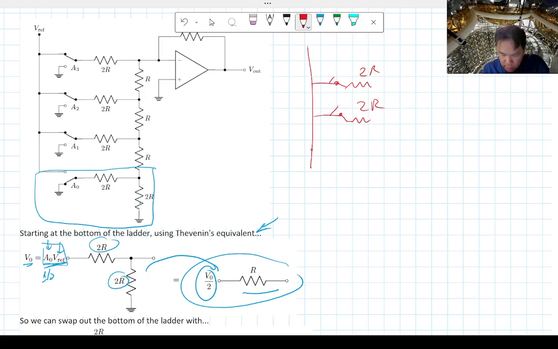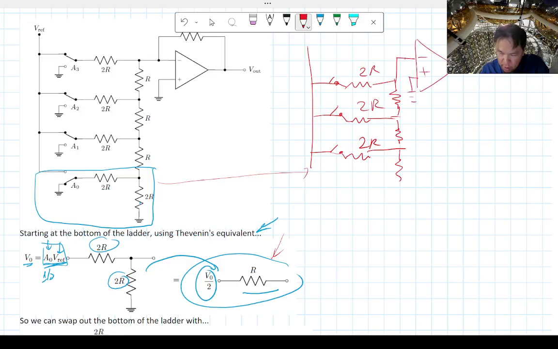I'm not very good at drawing that part. 2R here, and then you have a ladder of just regular R going straight down. But we're going to replace this last part with this Thevenin's equivalent, and that goes into the inverting input. You have this ground, and then you have your feedback resistor, and you get your V out here.